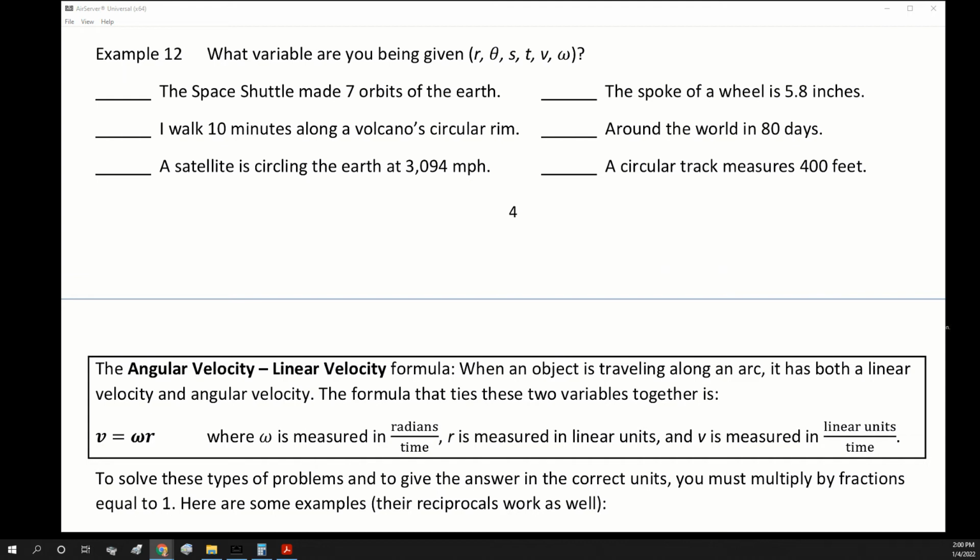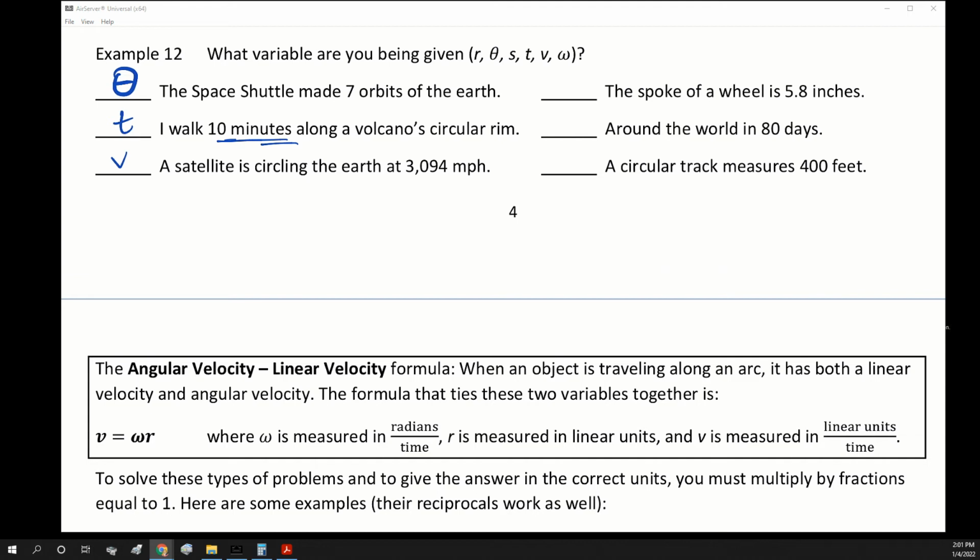All right, so space shuttle making orbits. An orbit is like a revolution. A revolution is an angle, so that's going to be a theta. And then I walk 10 minutes along the rim. So the only given thing in here is time. 10 minutes is time. A satellite is circling the Earth at that many miles per hour. Miles per hour is always going to be a linear velocity.